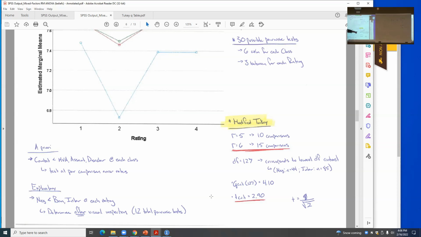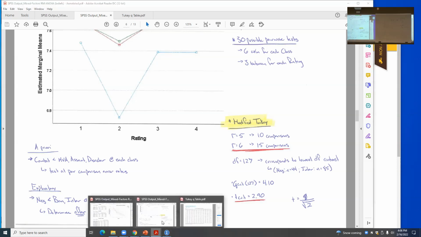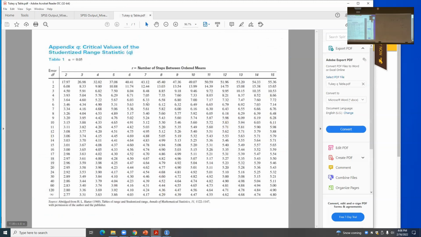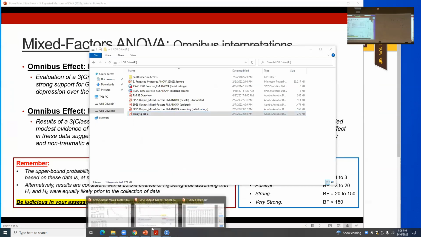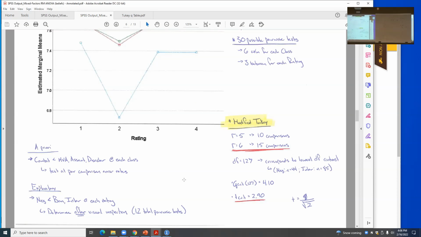And then what I need to do in my Tukey table is find a degree of freedom. And remember, with my Tukey, my degree of freedom is going to be the degree of freedom between tests. But I've got unequal samples, right? So because I'm taking a conservative approach, I'll take the smallest degrees of freedom, from the smallest comparison that I'm going to make, right?